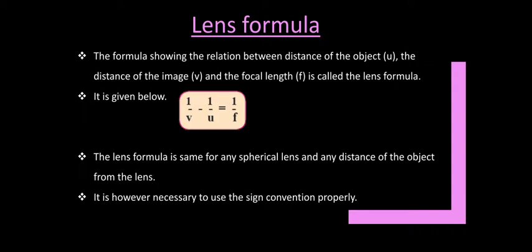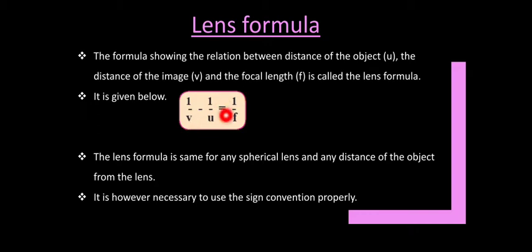Now the lens formula. The formula showing the relationship between the distance of the object, that is given by u, the distance of the image, that is given by v, and the focal length f is called the lens formula. It is given by 1 upon v minus 1 upon u is equal to 1 upon f.